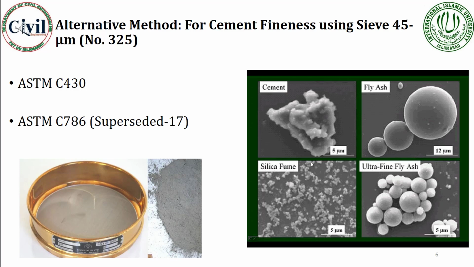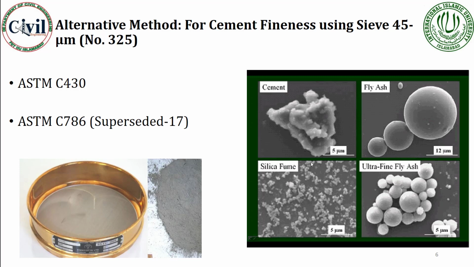According to ASTM C430, you can use sieve number 325, which has a sieve opening of 45 micron. On the other hand, ASTM C786 suggests using sieve number 200, which has a sieve size of 75 micron.